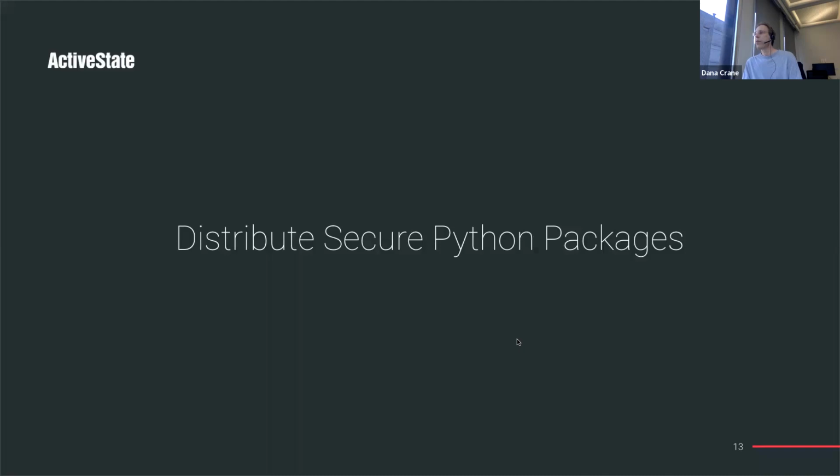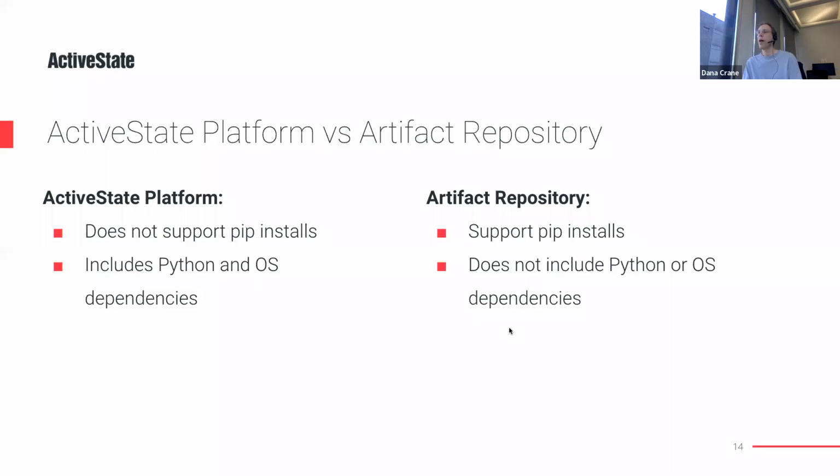So now that we've understood how we can build these packages from source and how we can do it in a secure manner, what can you do when it comes time to distribute them securely as well? And that's really where the ActiveState repository comes in. You can think of the repository, compared to the platform, as really supporting the way that your developers work today.